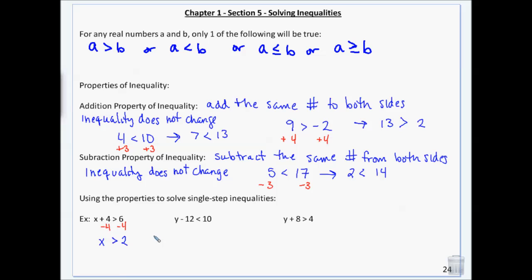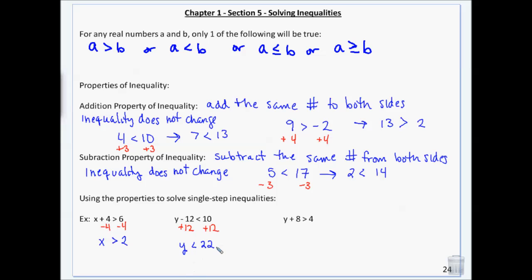So if x plus 4 is greater than 6, x is greater than 2. That means that x could be 2.000001, and then everything else on to infinity. x can be any number that's bigger than 2. y minus 12 is less than 10, so if I add 12 to both sides, that means y is less than 22.